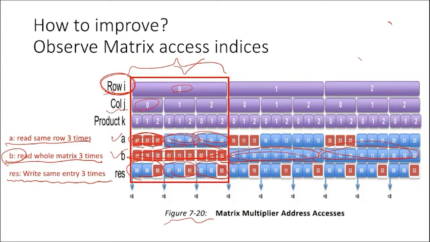So often in our optimization, when we do acceleration, most of the time we deal with the memory access pattern. You observe the access pattern, then you figure out a good caching scheme.